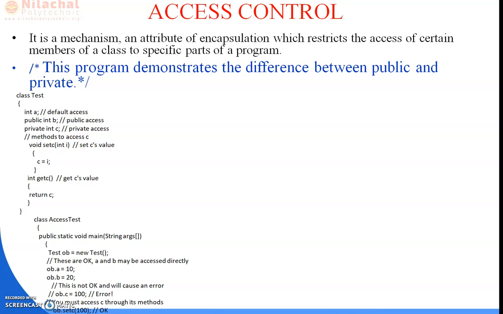Then we declared a method setc to access the c variable, which is private. Here we are passing a parameter, int i, where we give the value, and this value will be stored in c, and through the getc method we can return the value of c.